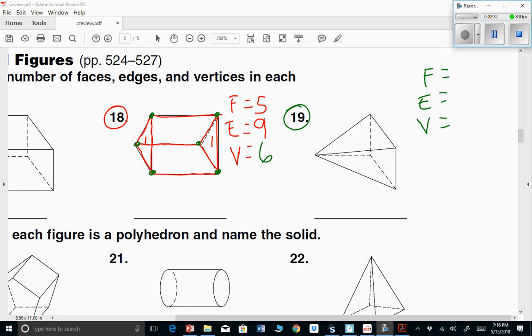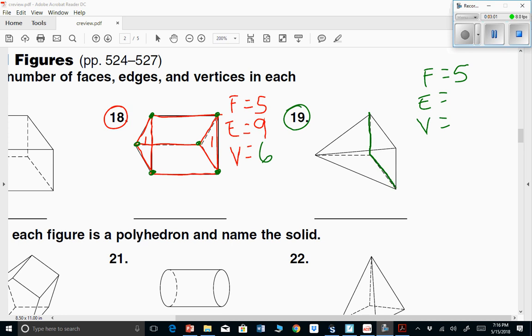So the faces, I would start with the base, which has 4 sides. So on a pyramid, you got your base plus your 4 triangles that are coming up from there, which would be 5 faces then. Then edges are basically the lines, but again, I'd start with the base.